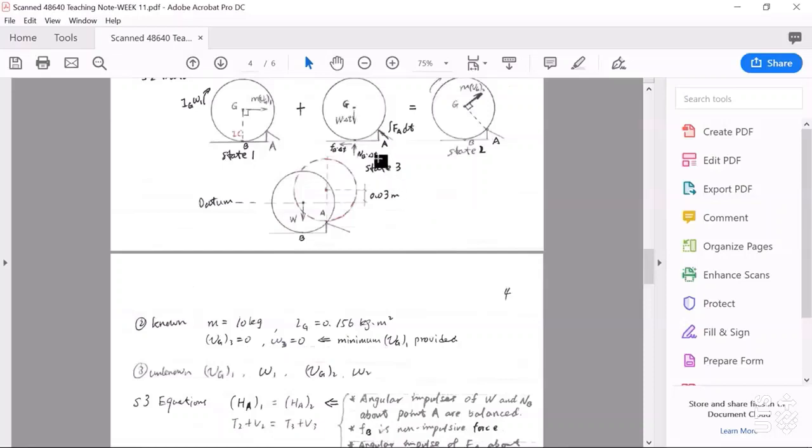So this means if we select point A to calculate the angular impulse, because the moment arm of Fa, the only impulsive force here, is 0, the angular momentum immediately before this wheel hits the obstruction at point A, and after that, should be a constant.